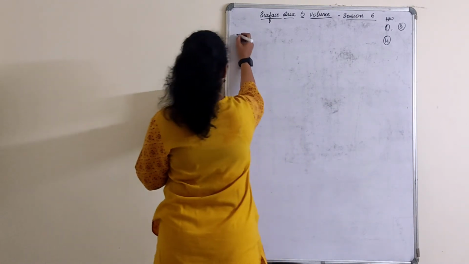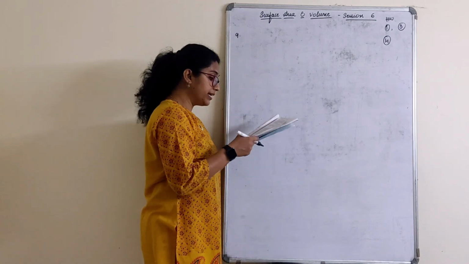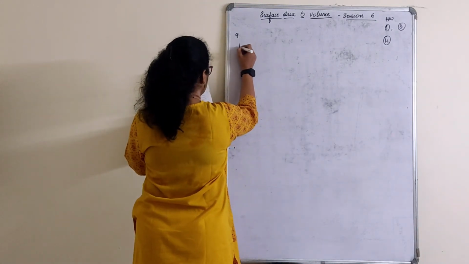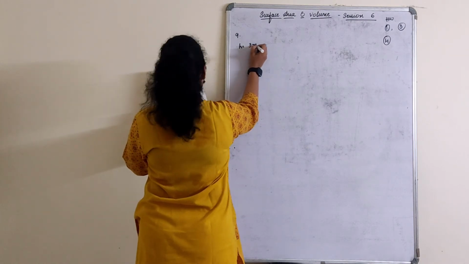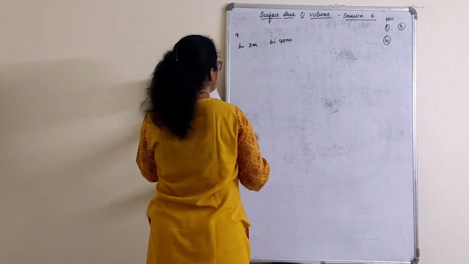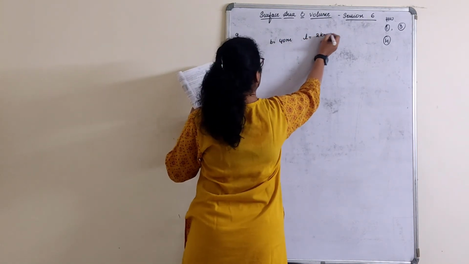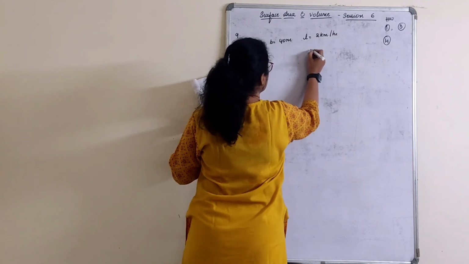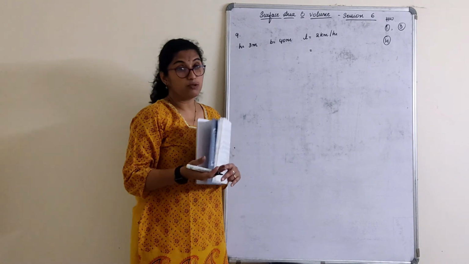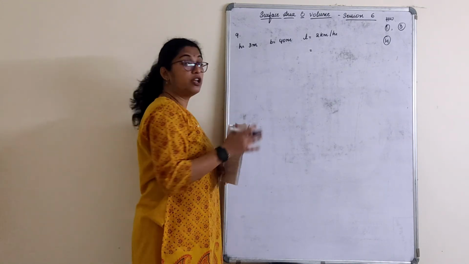A river 3 meter deep, 40 meter wide is flowing at the rate of 2 km per hour. So a river which is 3 meter deep and 40 meter wide is flowing, that is the length of the river is 2 km per hour. Convert this in terms of meters per minute.